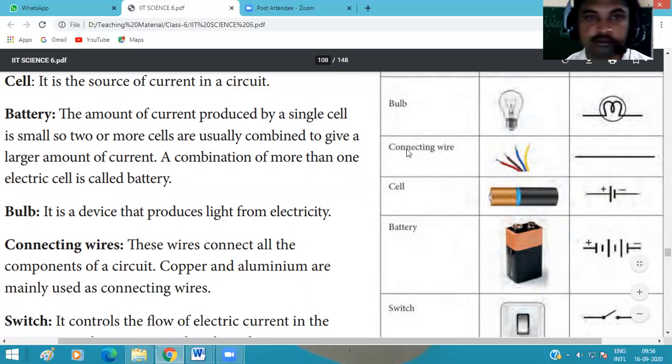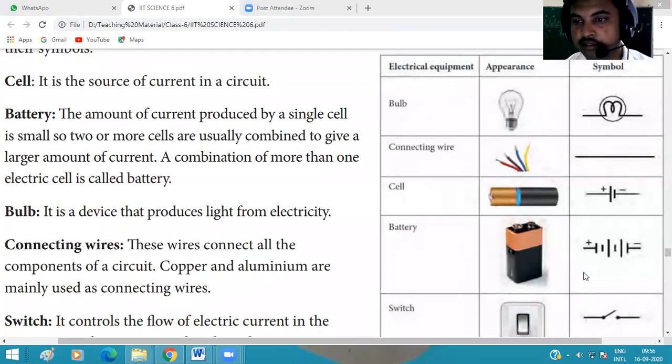Or if we draw two cells, we draw like this: a long, a small, a long, a small.